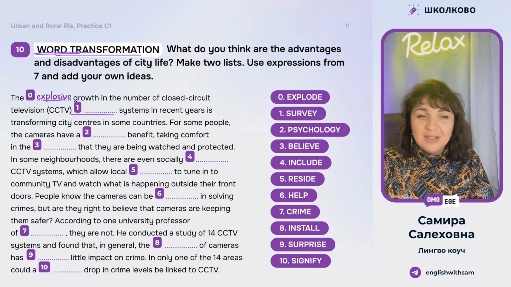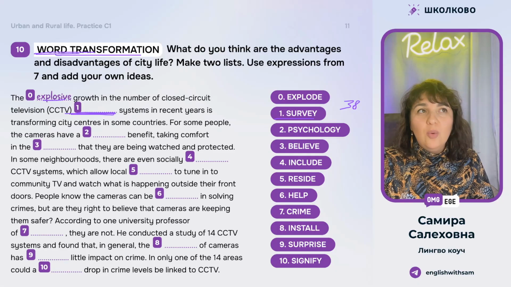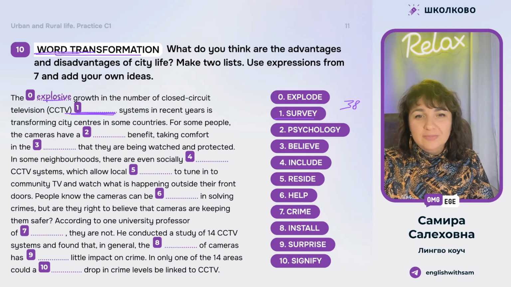Actually, it is a very deep thought. Okay, so we have survey, and you all know this word. We have it in our task 38, in our essay. So, what about the formation? Do we need an adjective here, or a verb, or still a noun?